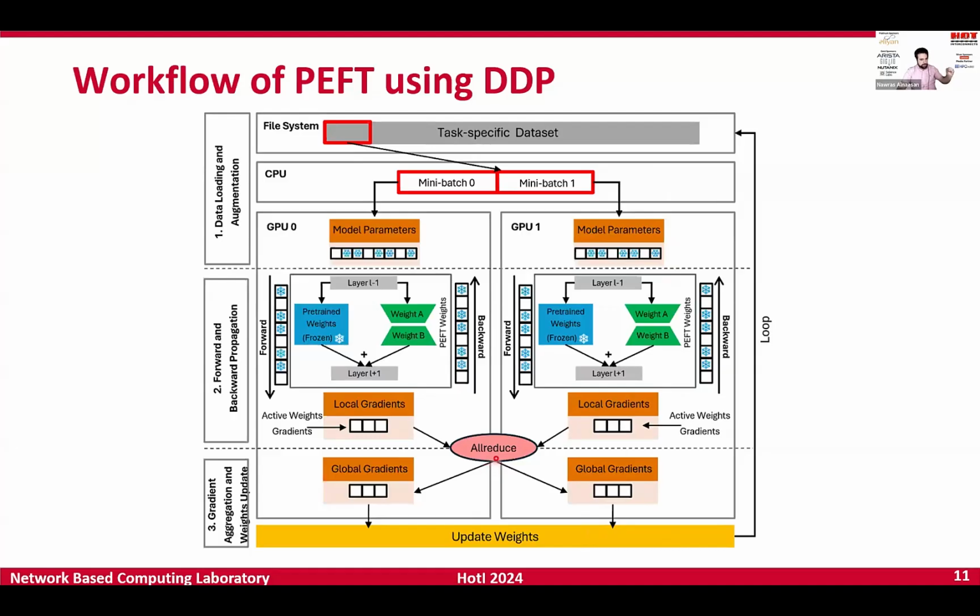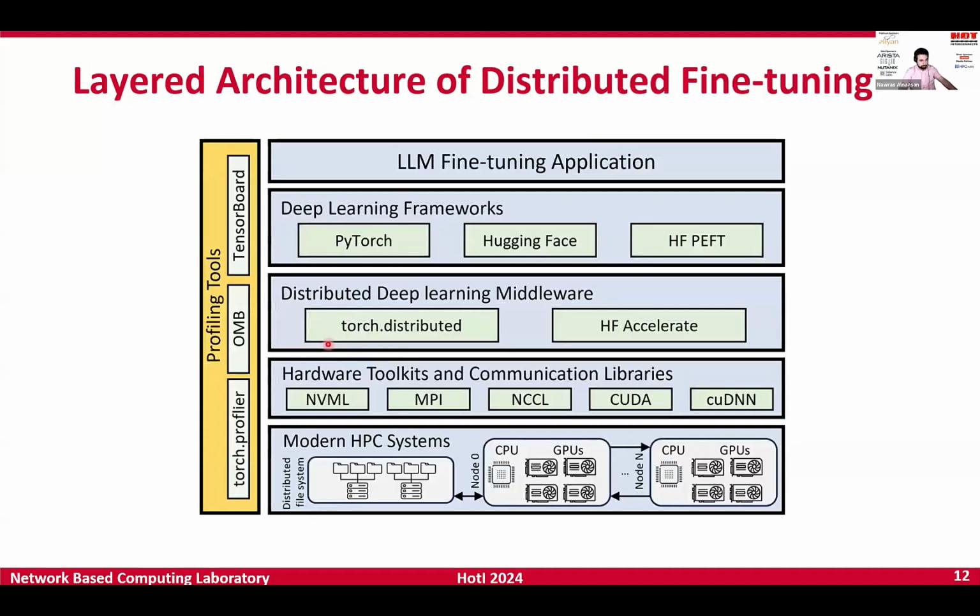So the key advantage in this distributed setting is that the all-reduce operation is much cheaper compared to full fine-tuning, since the local gradients that we care about are only for the active weights, which are as low as 1% of the full weight matrix.